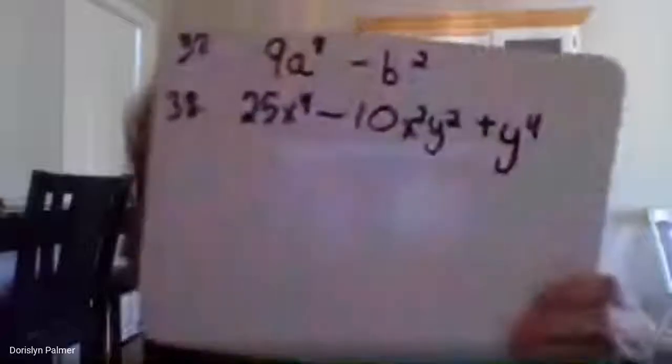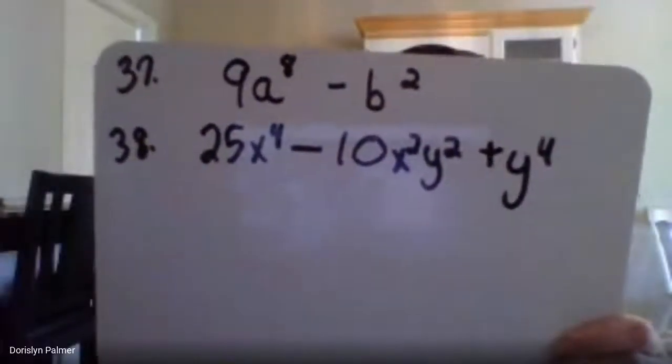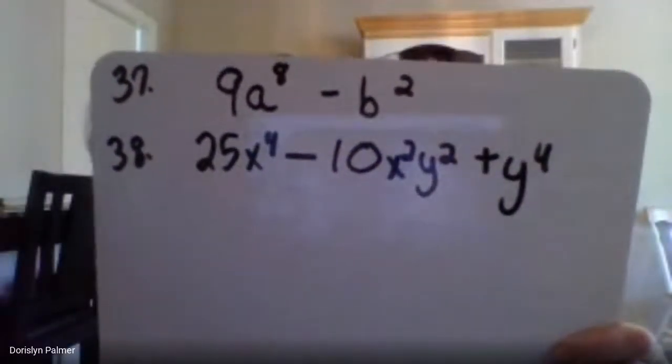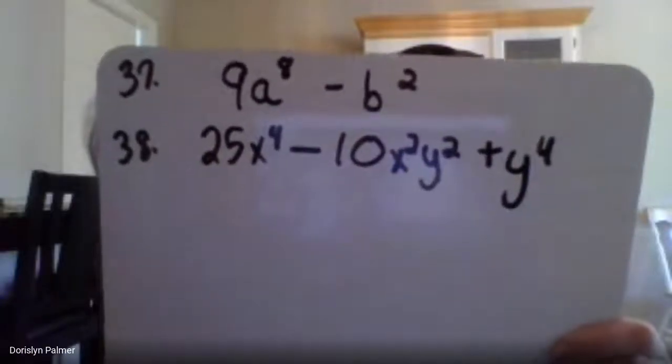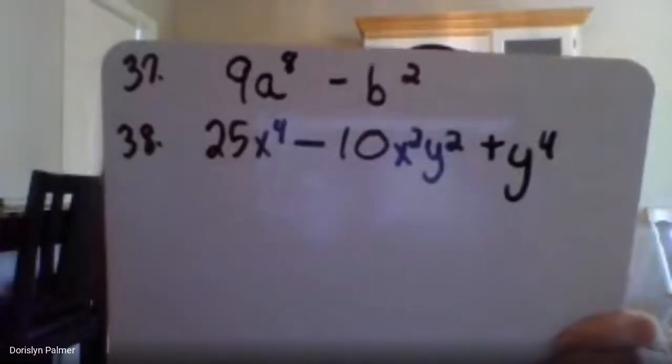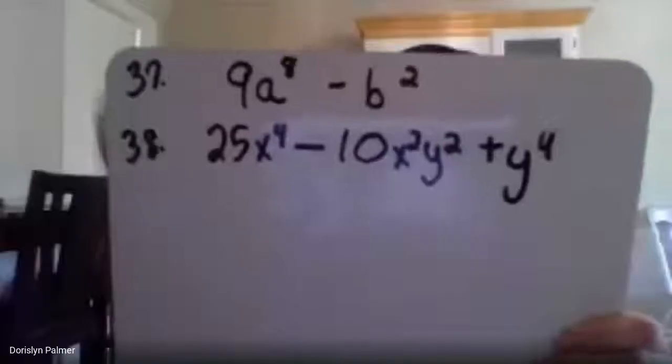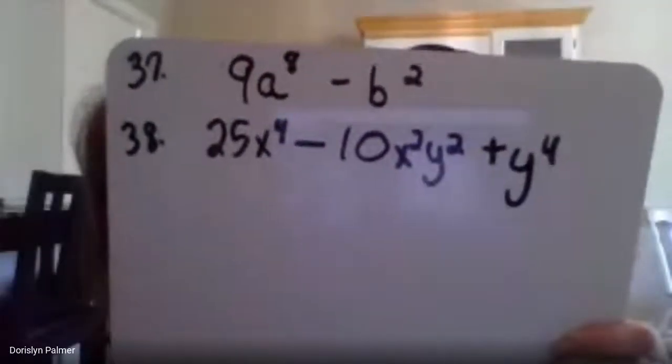And then the last term of this is always positive. So plus, what's y squared times y squared? Y to the 4th. Good. We put it all together and we have 25x to the 4th minus 10x squared y squared plus y to the 4th.